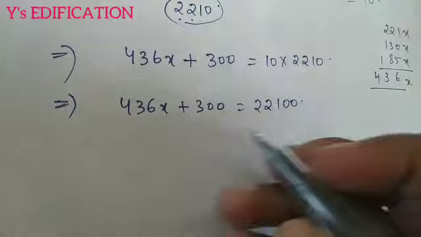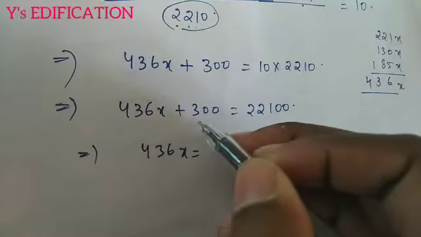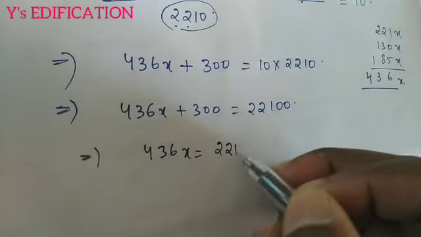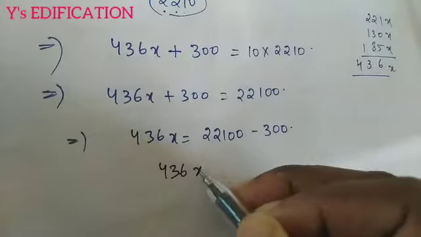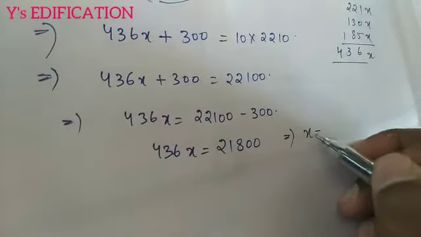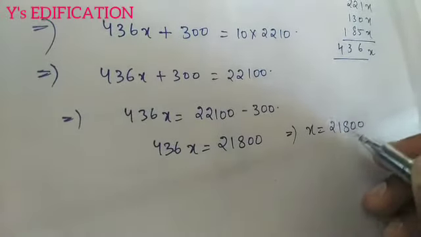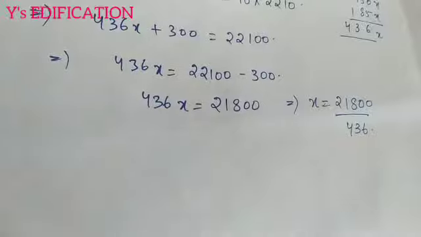22,100. Okay. So 436x is equal to 22,100. When we transpose, it will become minus 300. So 436x is equal to 21,800. Okay, we want x value, 21,800 by 436. Okay, now we have to do the cancellation.